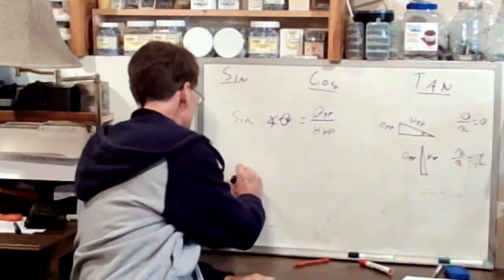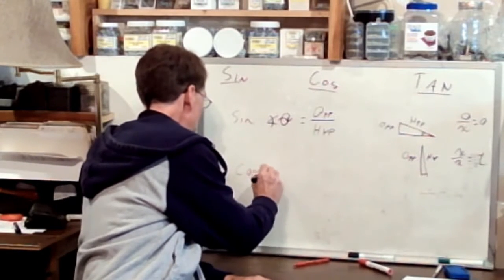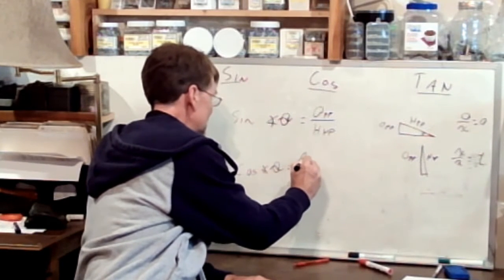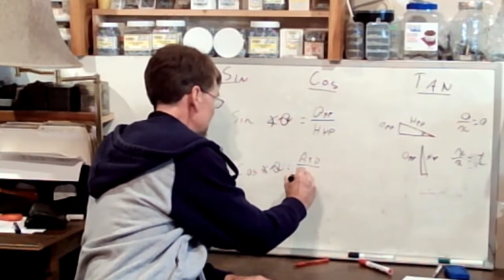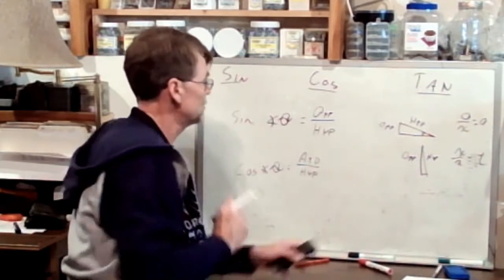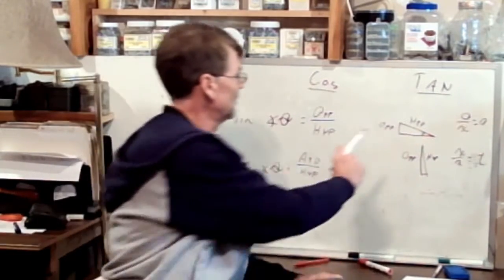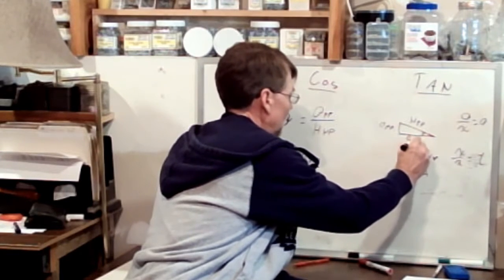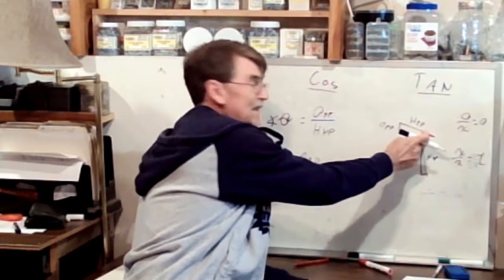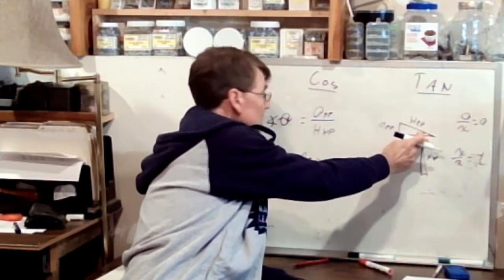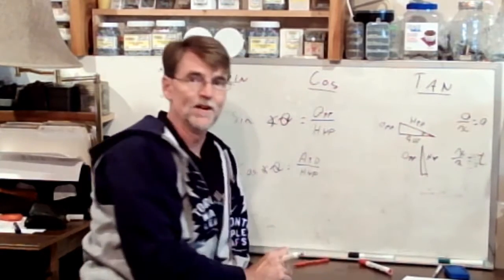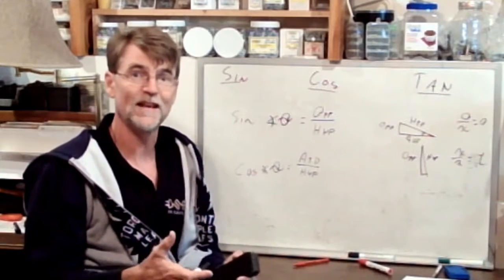What about the cos? The cos of the angle theta equals the adjacent over the hypotenuse. So now let's look at these same triangles, but now we're looking at the adjacent. When the angle is very small, the adjacent over the hypotenuse is this x over x scenario. Those lines are almost the very same length.